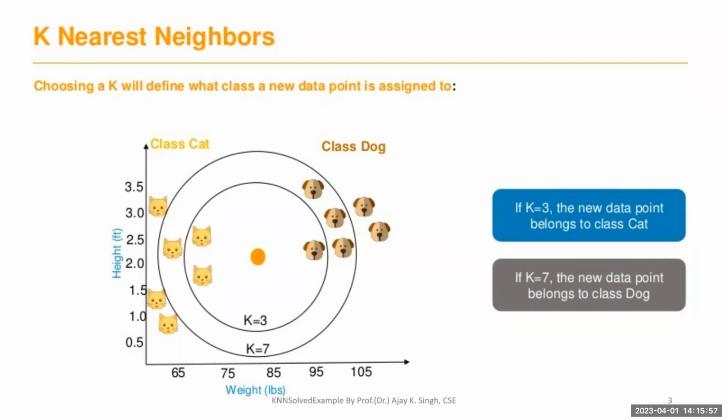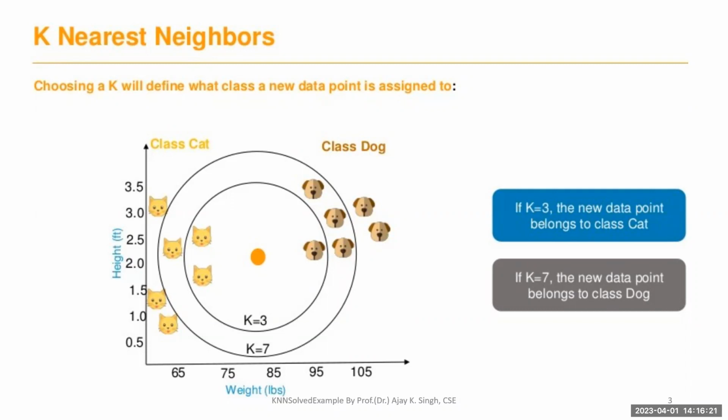One more condition is there. Suppose the number of classes is n, then K should not be a multiple of n. Suppose 2 classes are there, and you take the value of K as 2 times 3. 2 is the total number of classes, that is cat and dog.